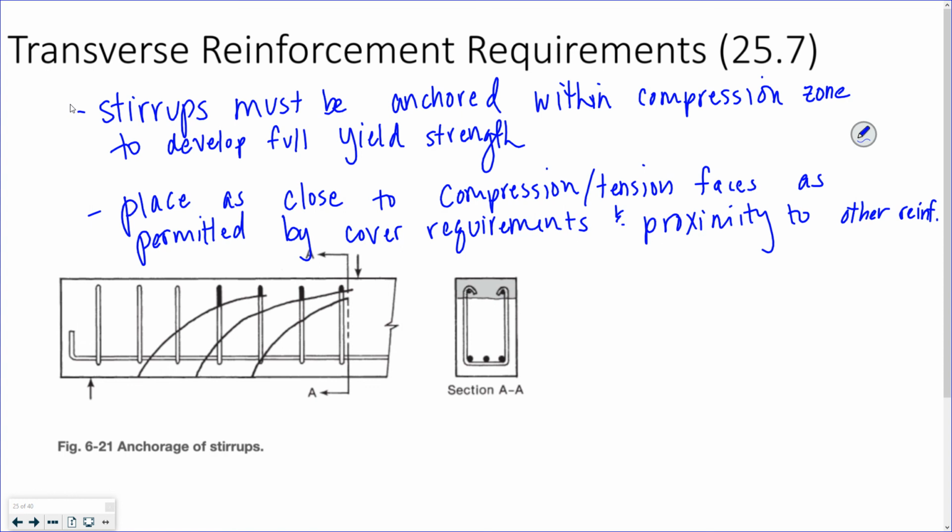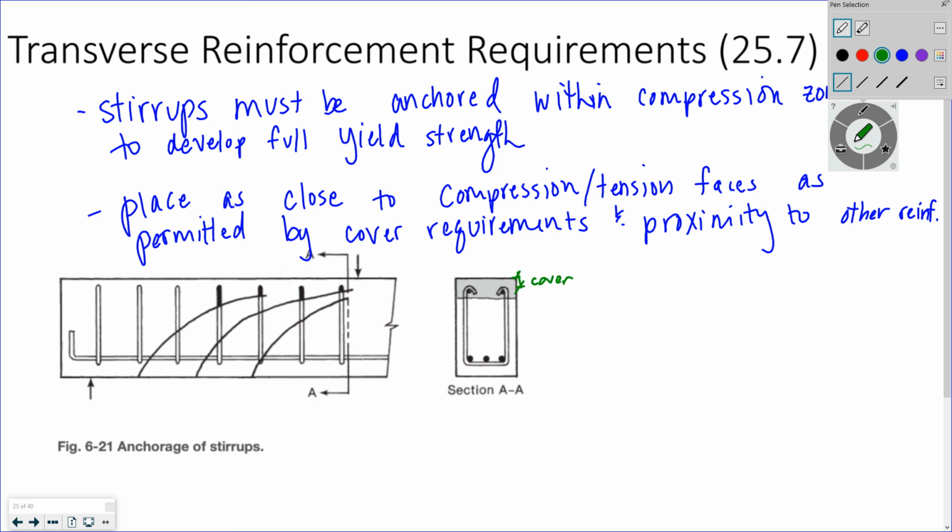And so that's why usually we go right to the cover, right to the stirrups, and then to the longitudinal reinforcement, because we have to develop that strength of our shear reinforcement.